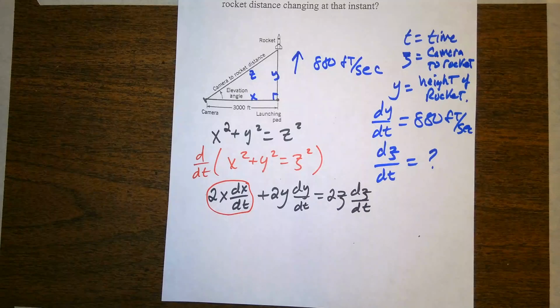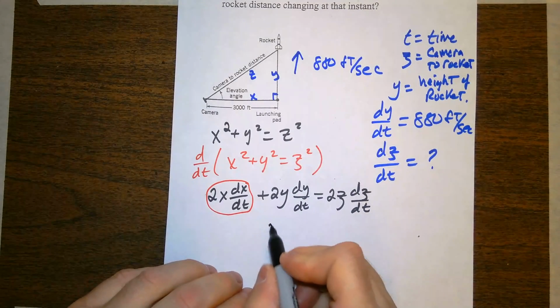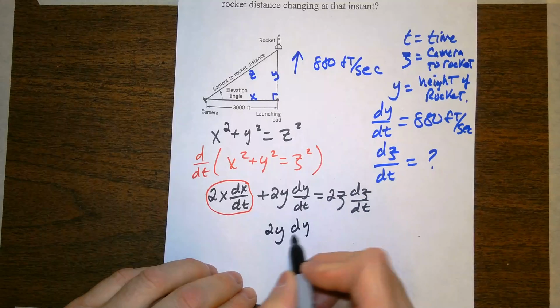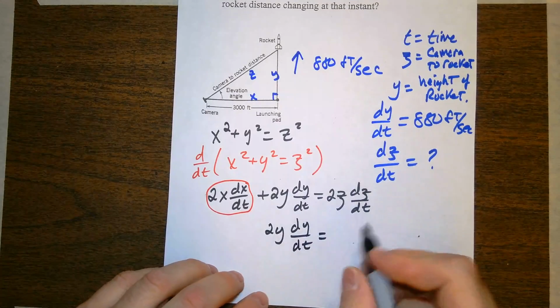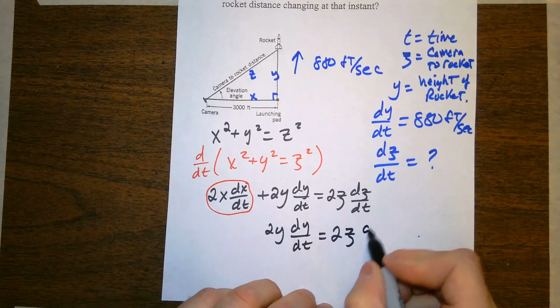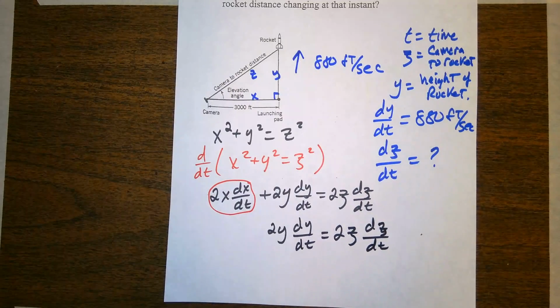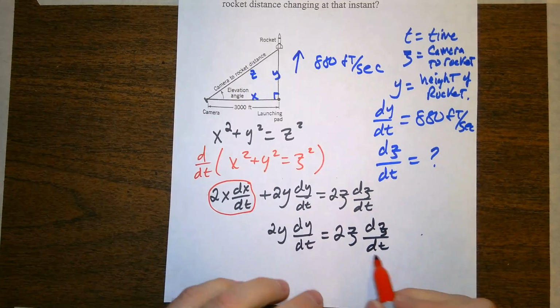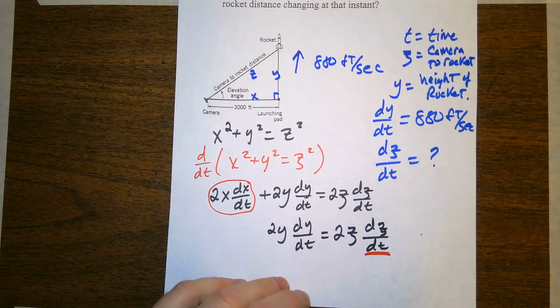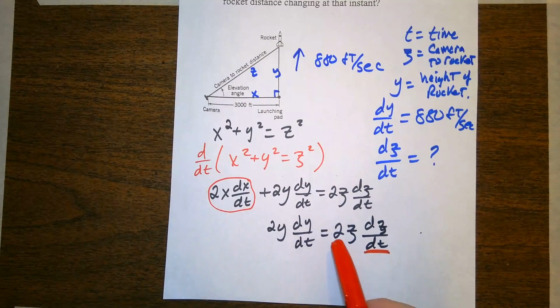It's going to become 0. So what do I have left? I've got 2y dy/dt equals 2z dz/dt. What am I trying to solve for? I'm trying to get dz/dt alone by itself. I'm going to divide both sides by 2z.